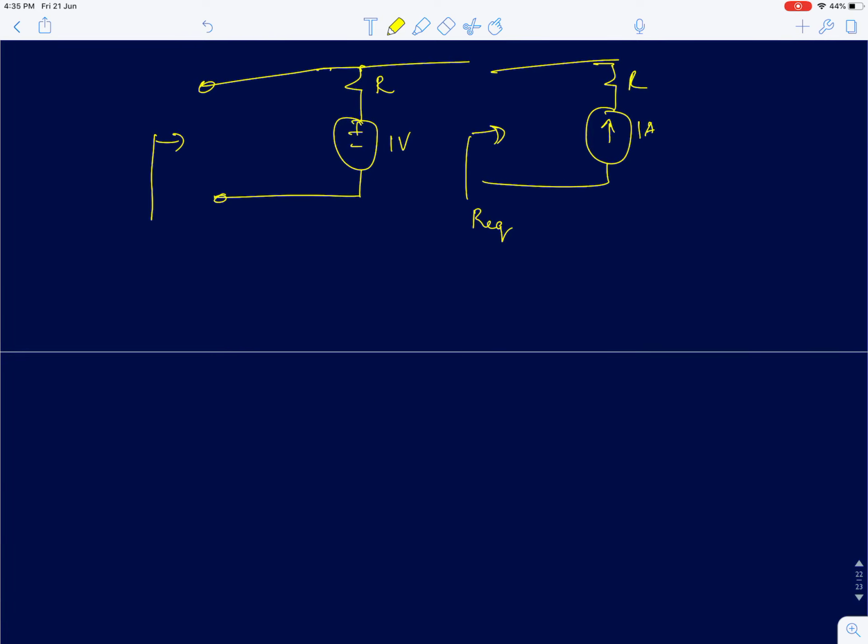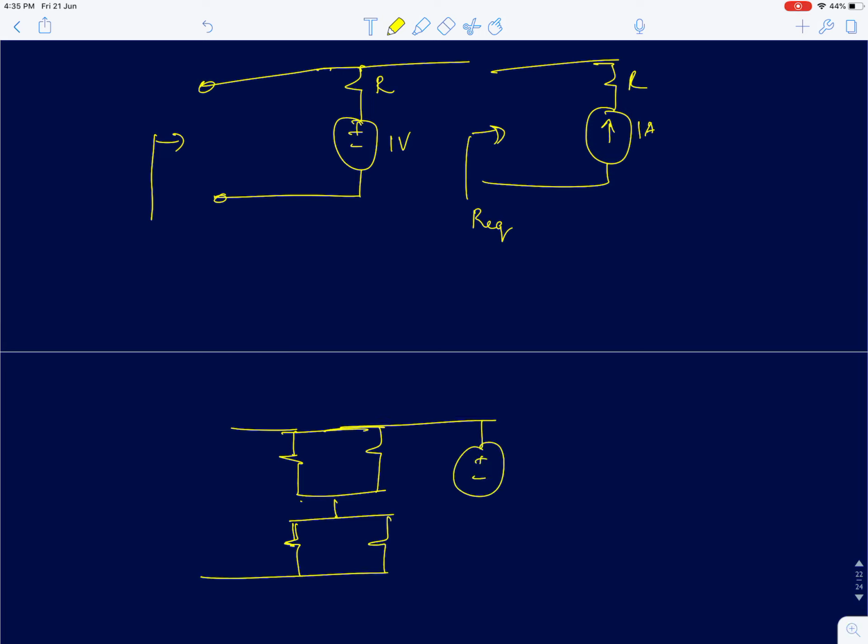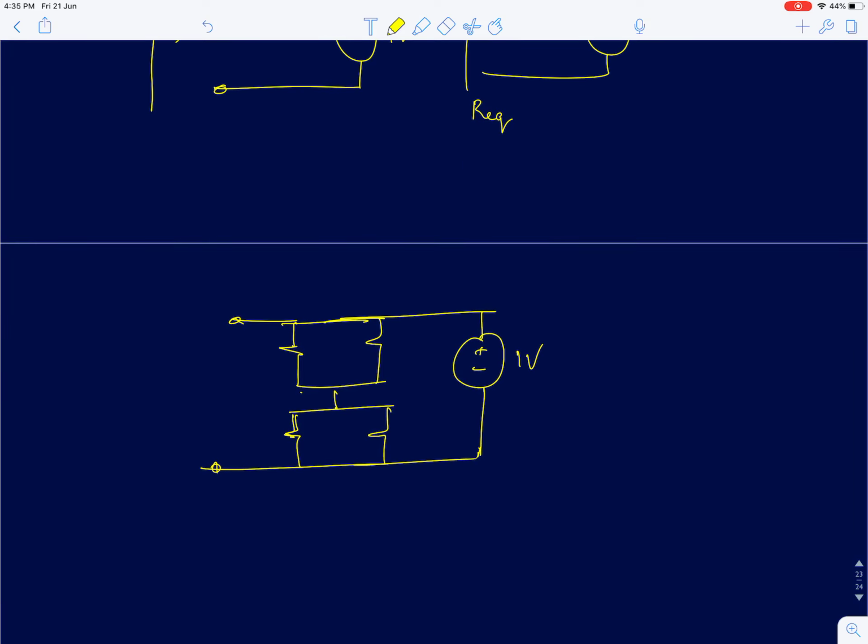Let me give you a few more circuits. So I have a resistance network like this, and I have an independent voltage source connected of value 1 volt across this network. So you're supposed to find what is the equivalent resistance. Okay, in terms of R and 1 volt, only the parameters that are shown in this figure.